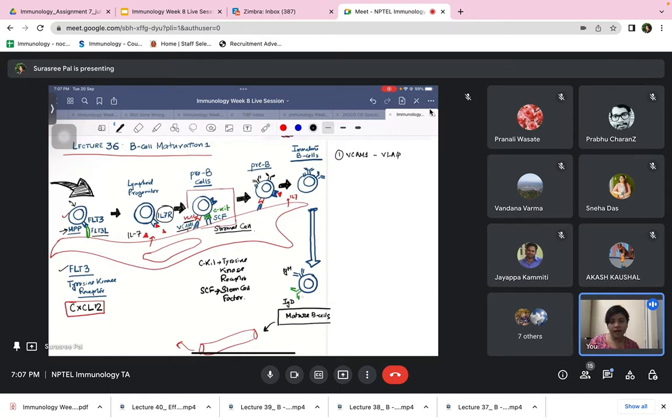VCAM1 VLA4, I hope you remember from the previous session that these are the integrins, or the cell adhesion molecules which help in the interaction. When we were discussing the interaction of T cells with antigen presenting cells, we were also discussing this type of cell adhesion molecules and the role of these integrins.